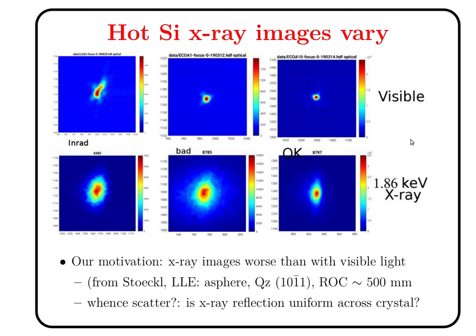Here's what made us start on this. You see on the top line the visible light image made by a particular X-ray microscope from the reflection of the crystals of the quartz surface, and at the bottom row the same X-ray microscope was now used for X-rays. This was done by Christian Stuckel at Rochester.